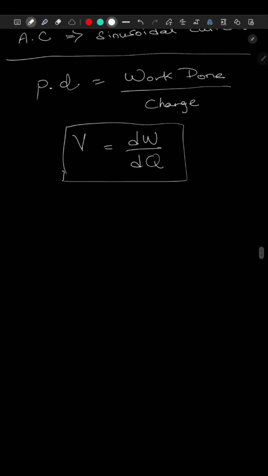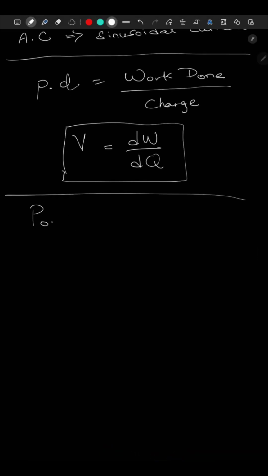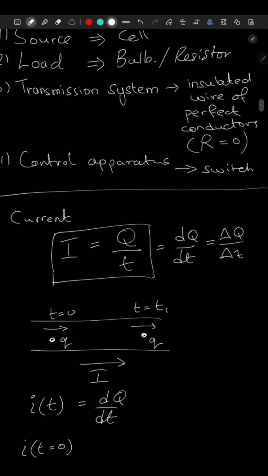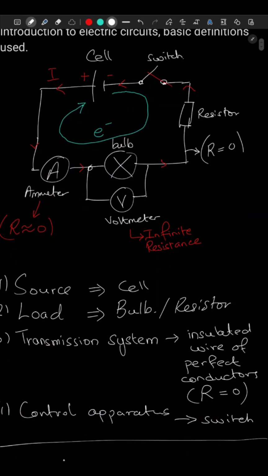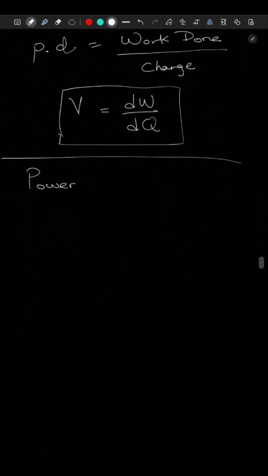Okay. So now power is the rate of doing work across the circuit. The work is electrical energy itself.